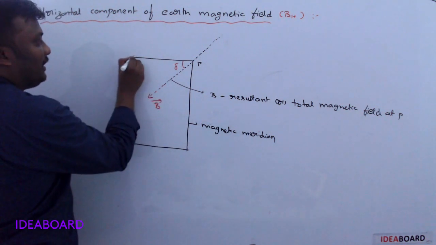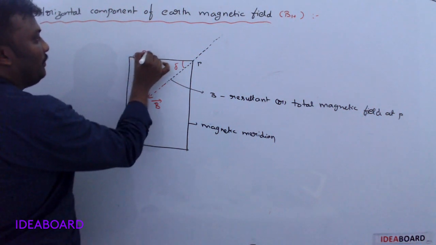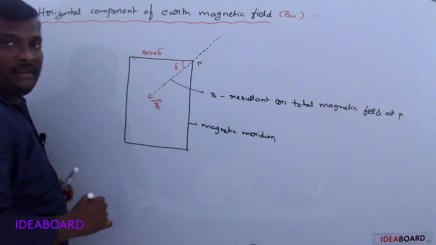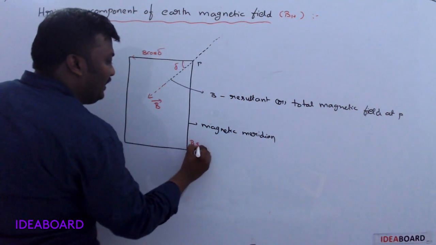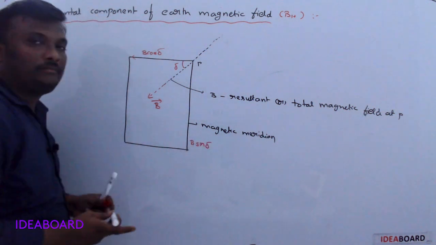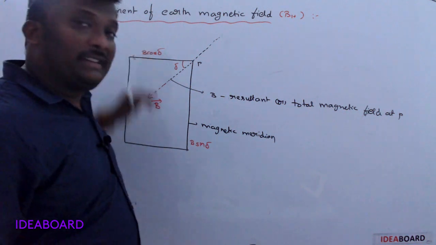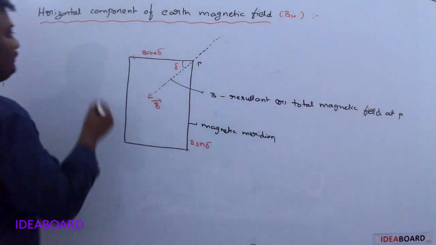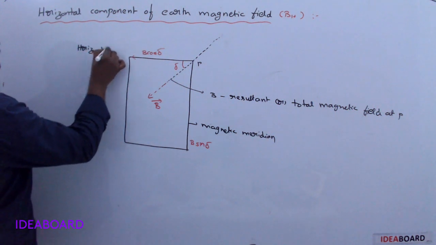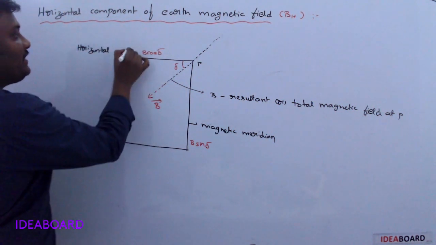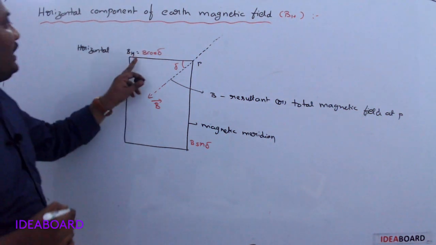One is in the horizontal direction, its value is B cos delta, and in the vertical direction its value is B sin delta. B bar is resolved into two components. In the horizontal direction, B cos delta is named as BH. So what is BH?